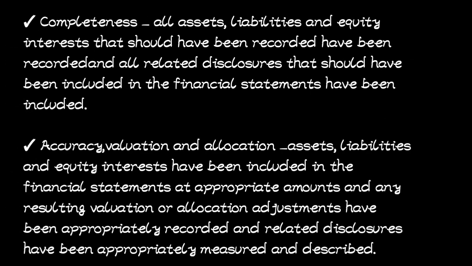Then another section is completeness. So here the auditor has to confirm that all the assets, liabilities, and equity interests that should have been recorded, and all related disclosures that should have been included in the financial statements have been included. So here it's confirming like everything that was supposed to be there is there.